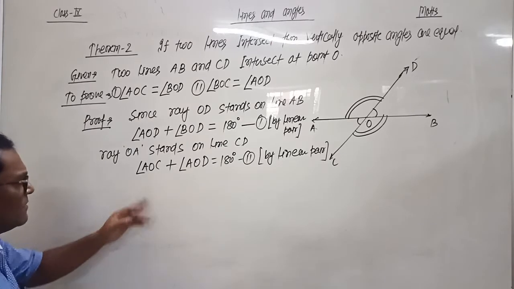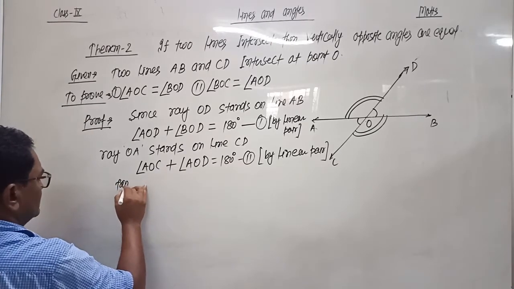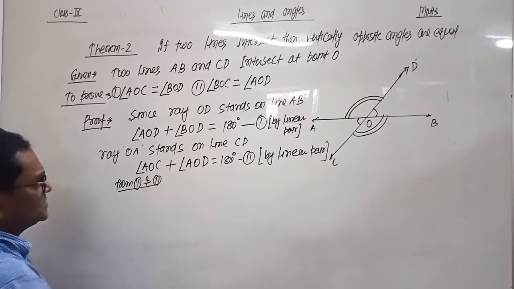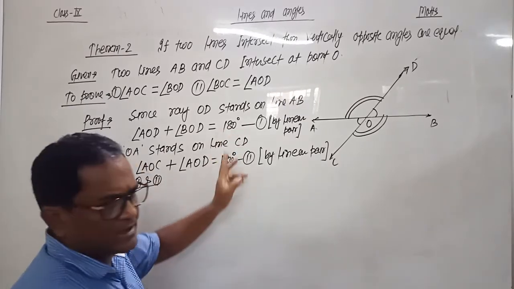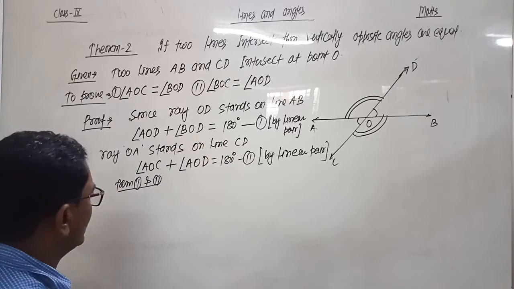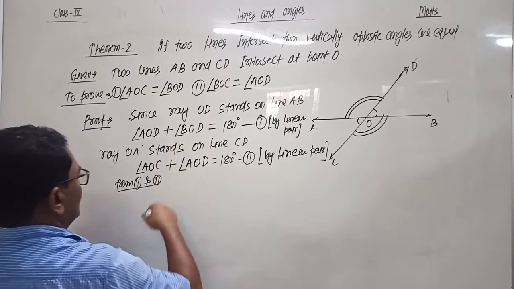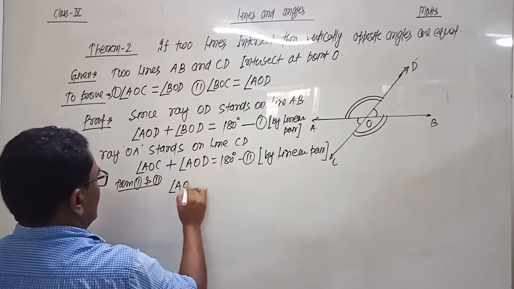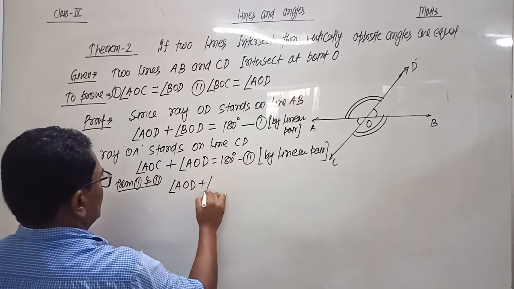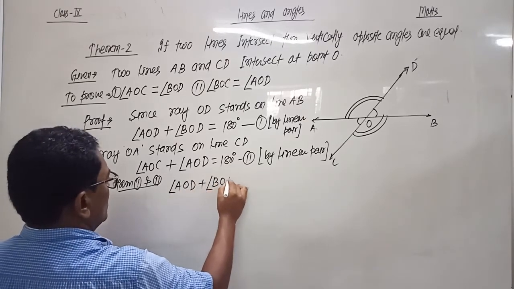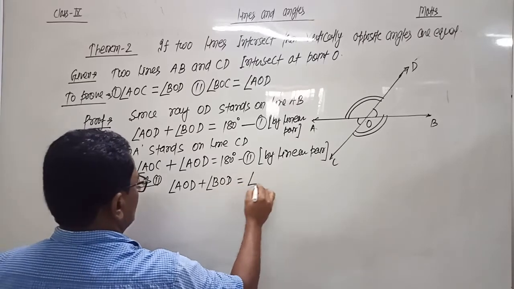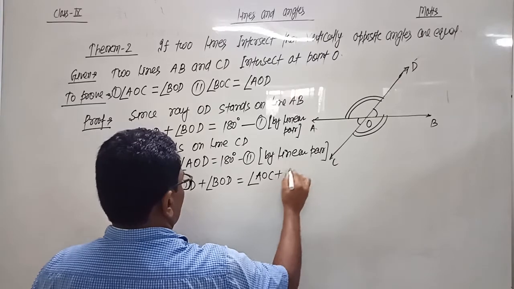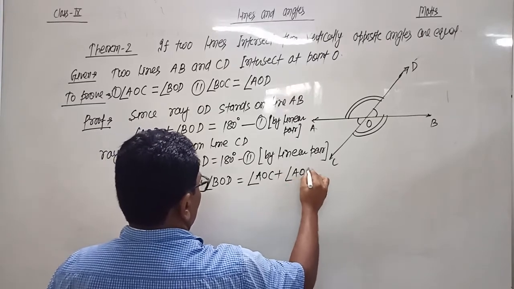Now from first and second, the RHS of both the equations are equal. Both are equal to 180 degrees. So we equate the LHS, meaning angle AOD plus angle BOD equals angle AOC plus angle AOD.